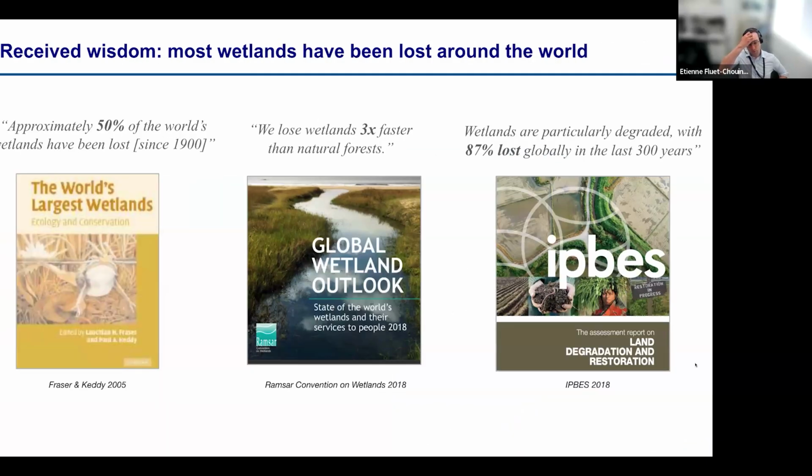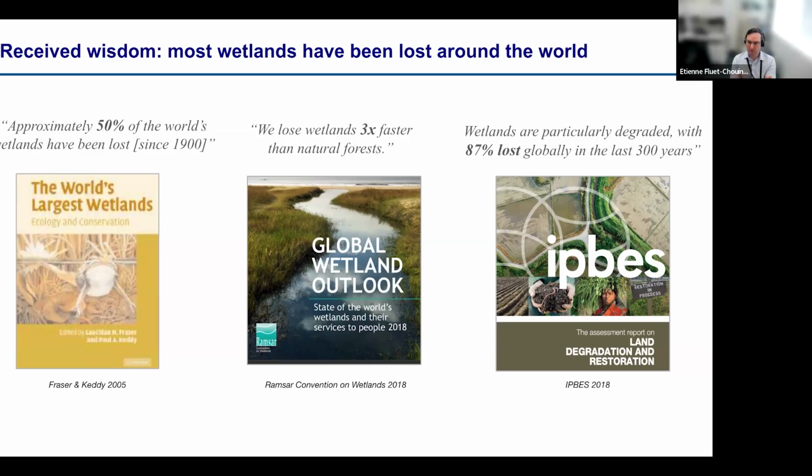If you've picked up literature and been curious about how much wetlands have been lost globally, there has been a number of estimates. Often the maps you see more recently cover the last couple of decades, but as we know, most of the land use change and growth occurred in the 20th century, prior to our satellite record.